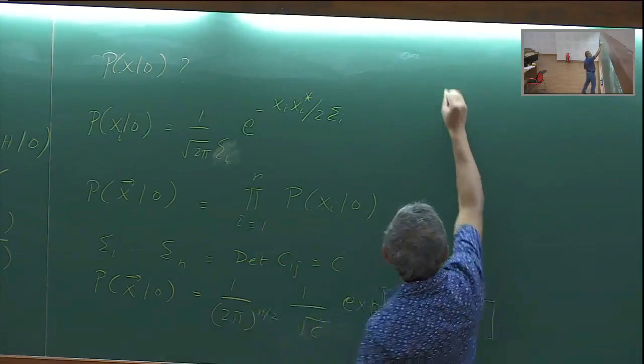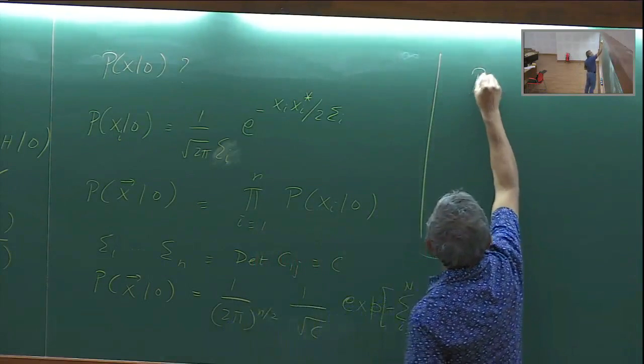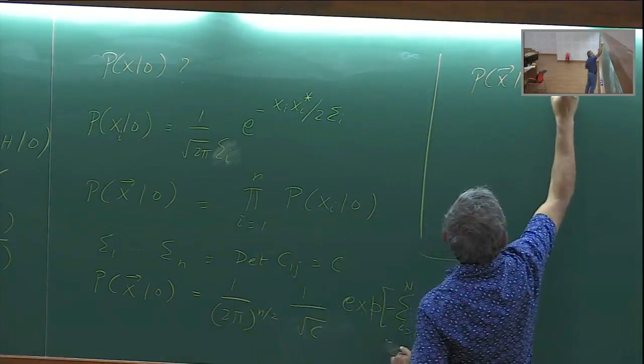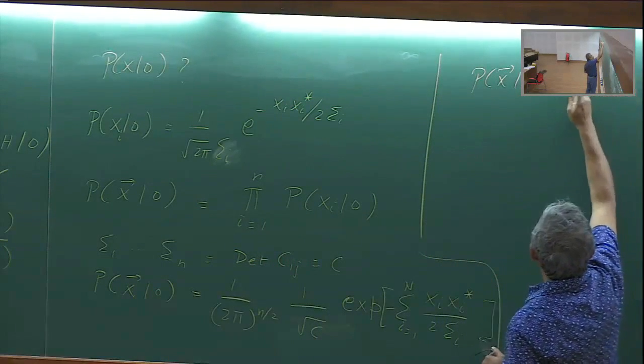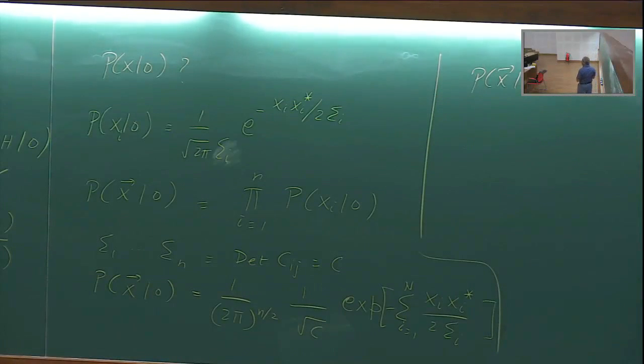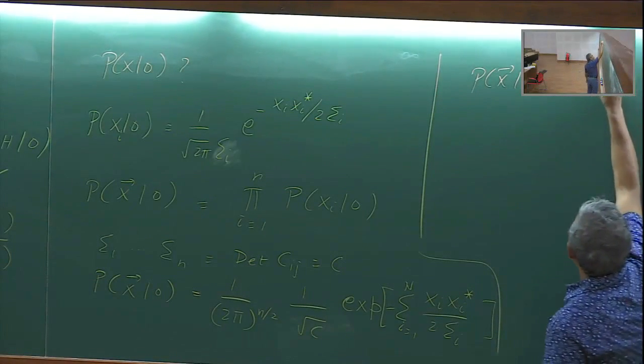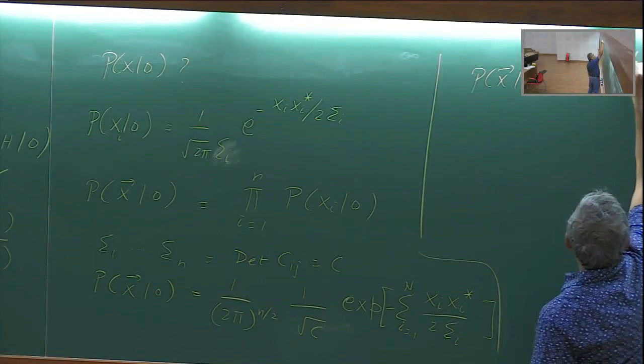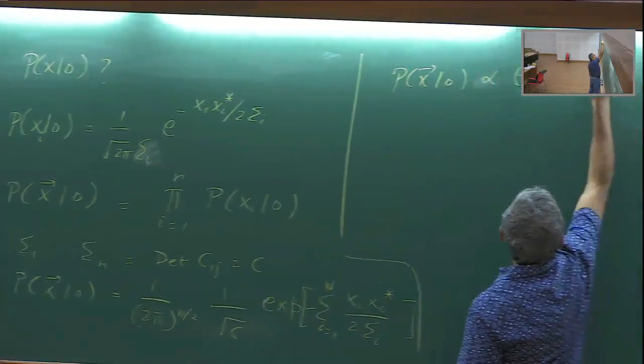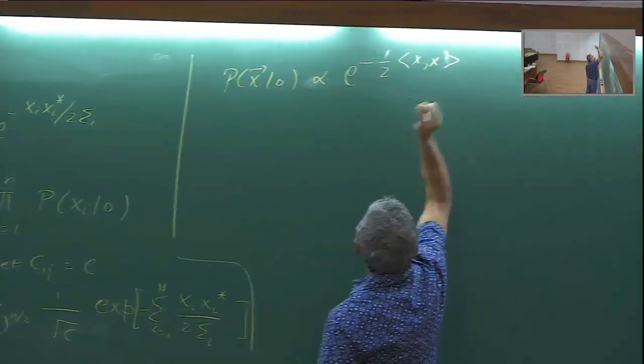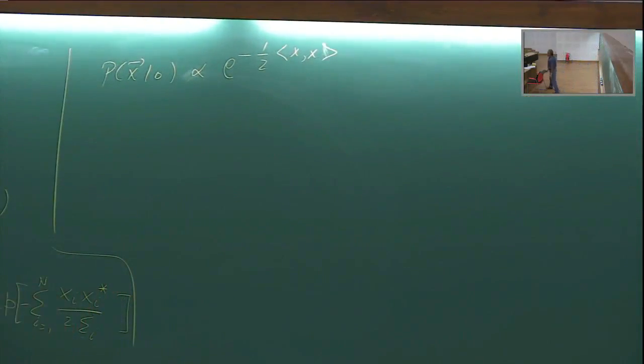So P of x in the absence of signal is some constant which I really don't care about, but proportional to e to the minus 1/2 of (x, x). The reason I don't care is because we really want only the likelihood ratio. The whole posterior probability has been expressed in terms of that.